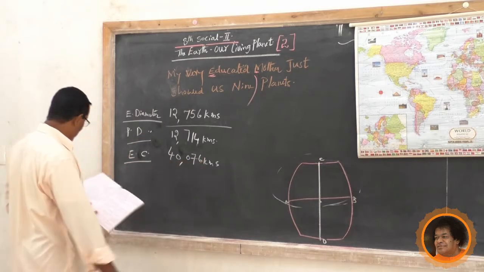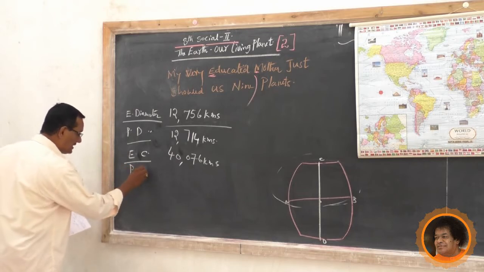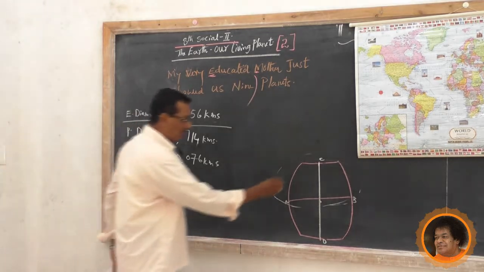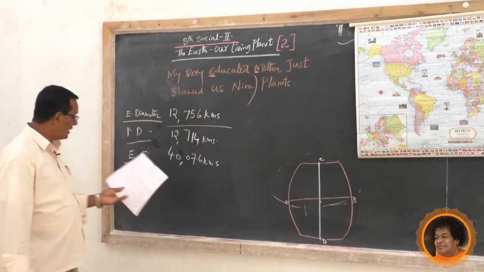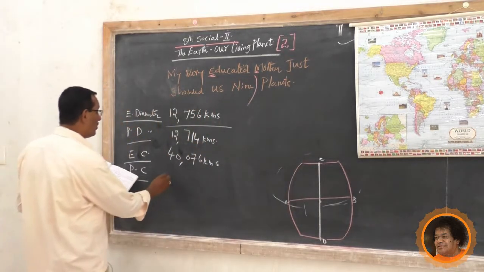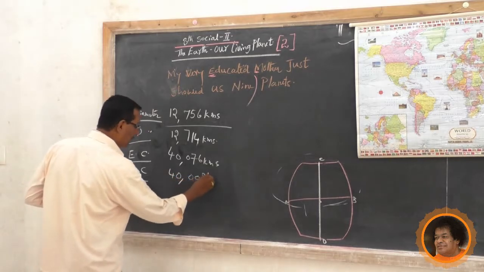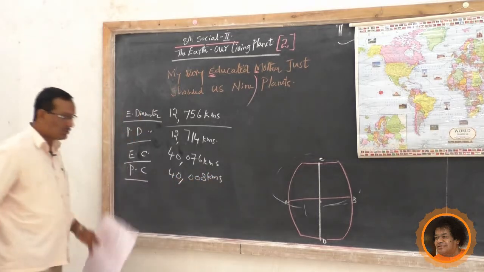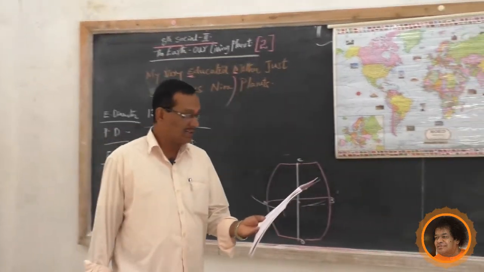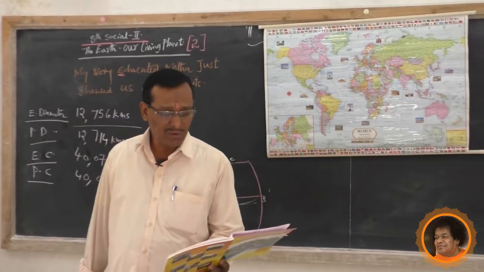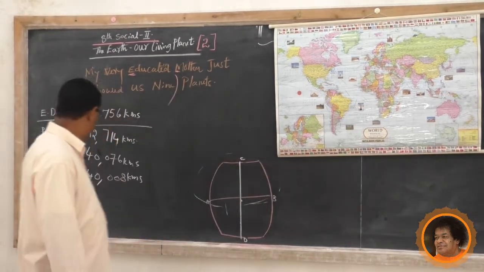Now polar circumference, PC, pole to pole, is 40,008 kilometers. The difference is 42 kilometers.